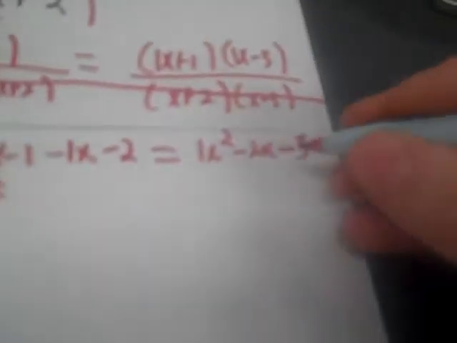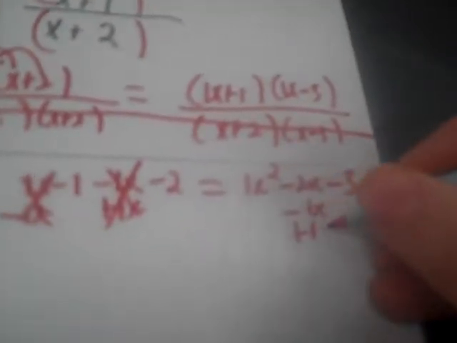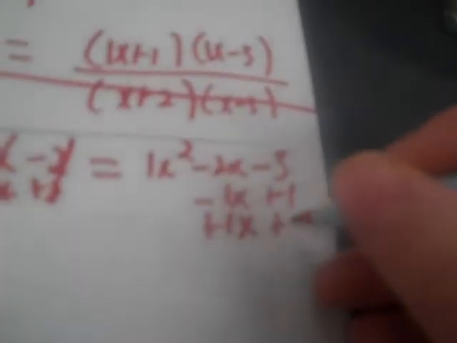Now, you've got two answers, and obviously there are a lot of x's that aren't to the second, so you need to move everything to one side. There are a couple of different ways you can go about it. I'm just going to minus 1x from negative 2x, and then I'm going to plus 1x to all that other stuff, and then plus 1, plus 1, plus 2, plus 2.